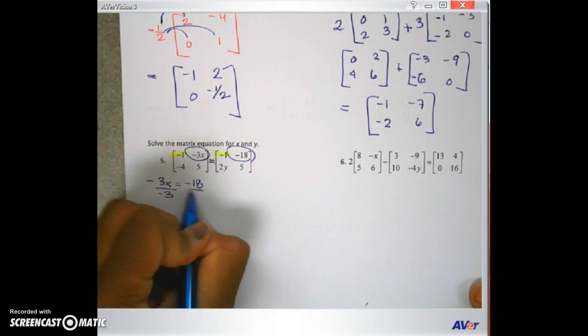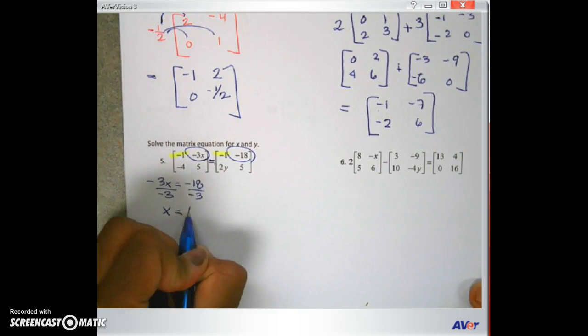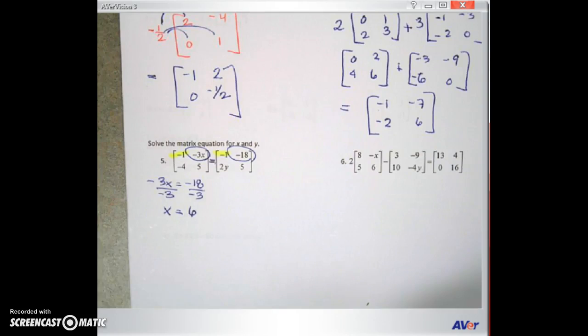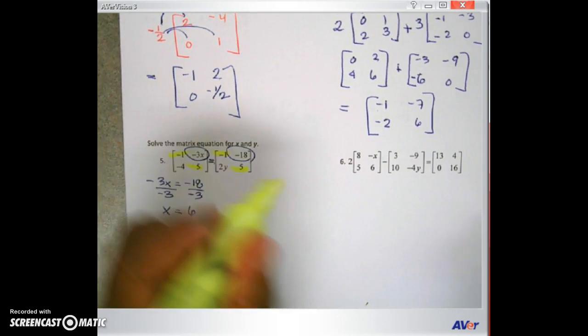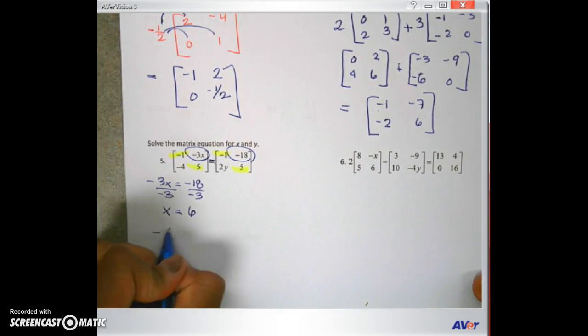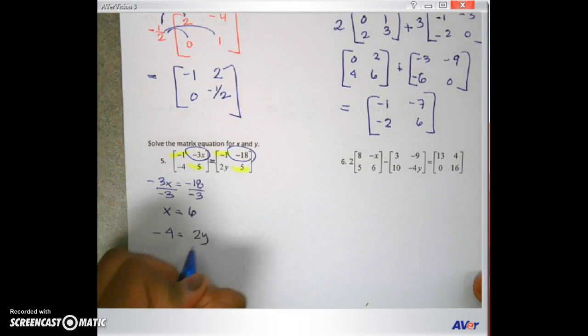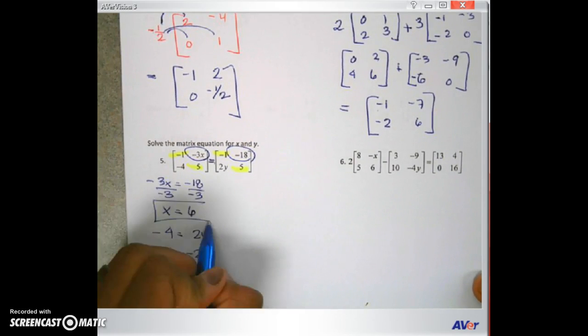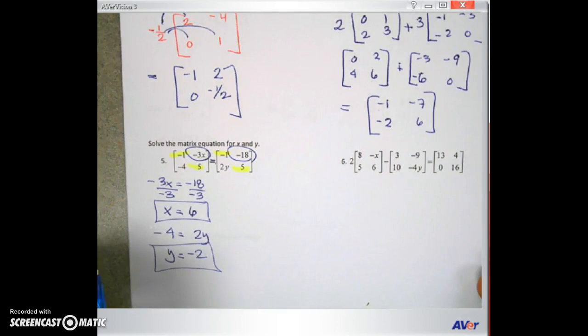Divide by negative 3. X then is equal to 6. Now, you can see already that the 5 is in the same position as the 5, but we don't really care about that. We want to find the y now. So this is negative 4 is equal to 2y. So y is equal to negative 2. We have found x and y.